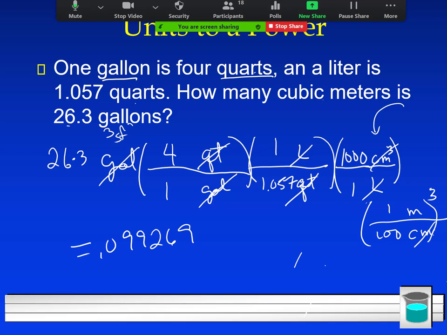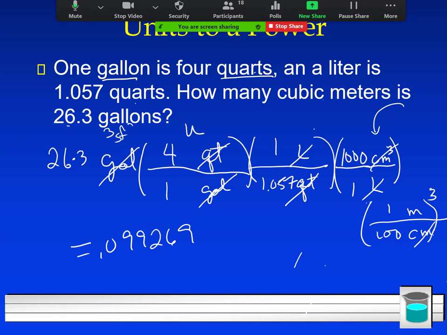1 gallon, 4 quarts. Same system. They have unlimited sig figs. Why is 1 gallon 4 quarts? Because that's the definition of a quart. 1 liter, 1.057 quarts. One of these came from the metric system, the liter. The other one came from the English system, the quart.